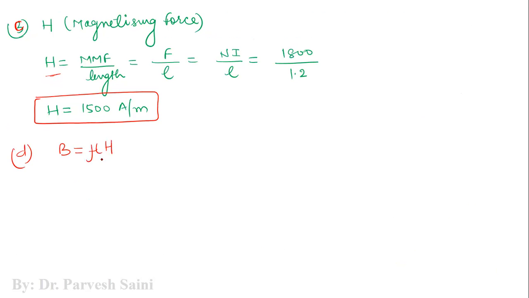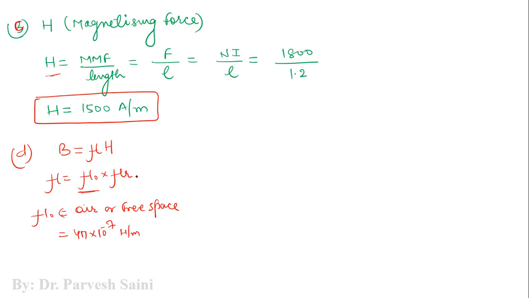B is equal to mu H, and we also know that mu is equal to mu naught into mu r, right? Where mu naught is the permeability of free space, related to air or free space, and it is equal to 4 pi into 10 raised to the power minus 7 Henry per meter, right?